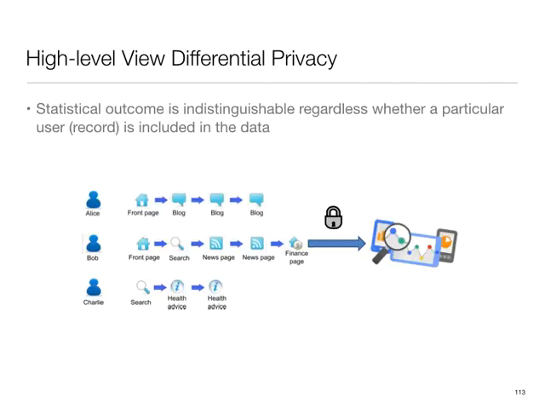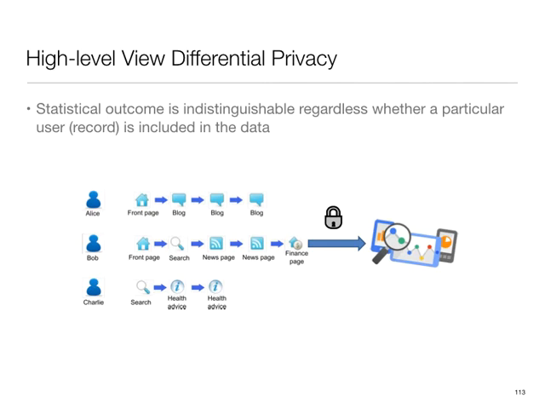So at a high level, my estimate of that statistic about the population, a machine learning model, some statistical function, whatnot, should be indistinguishable whether a particular user is in the database or not.